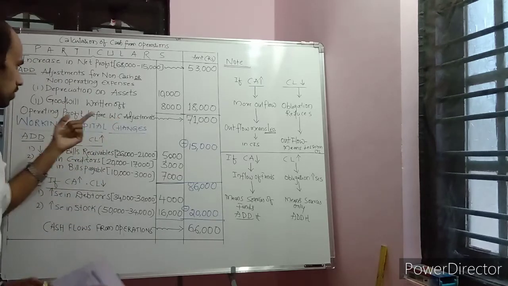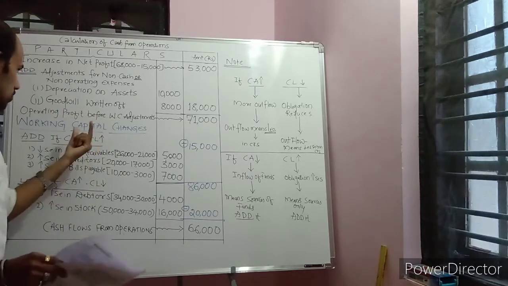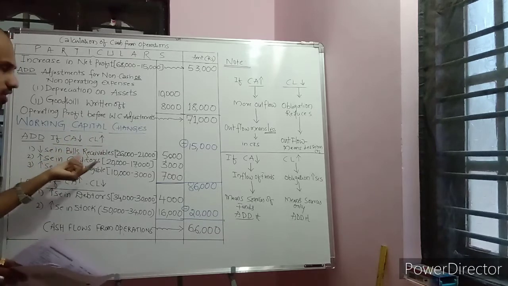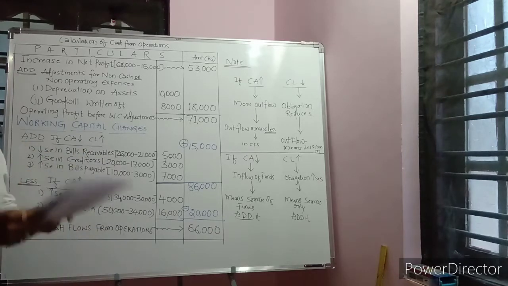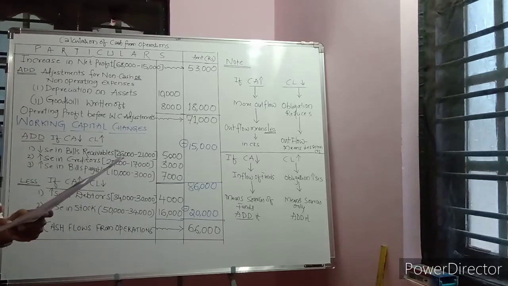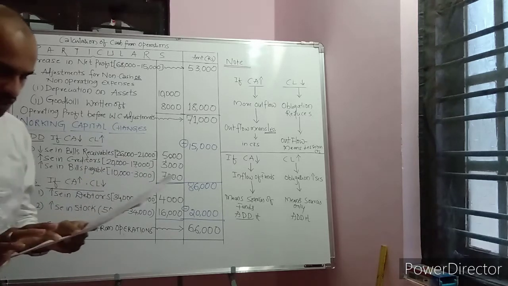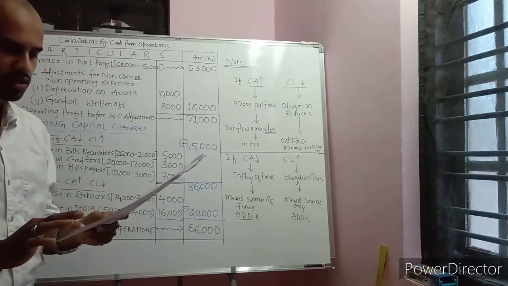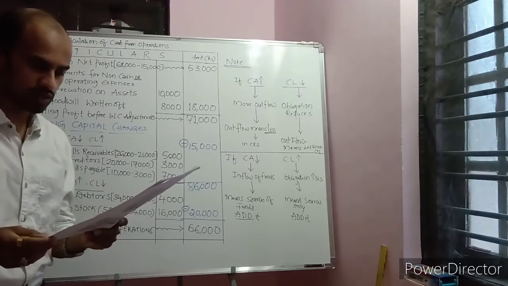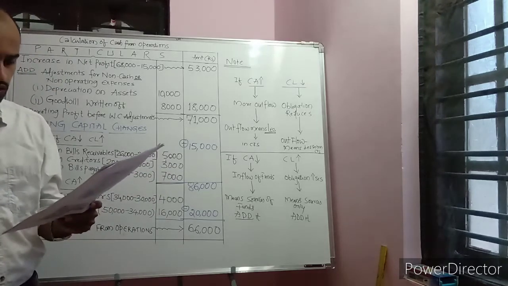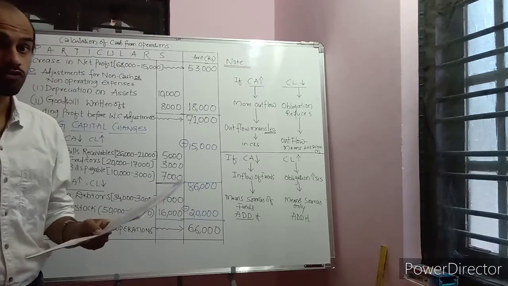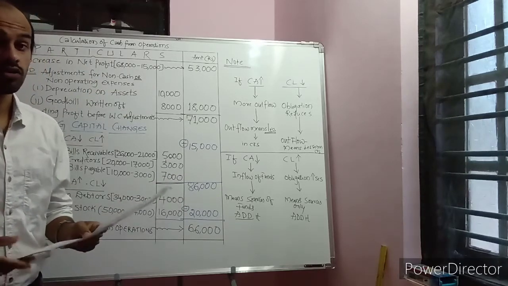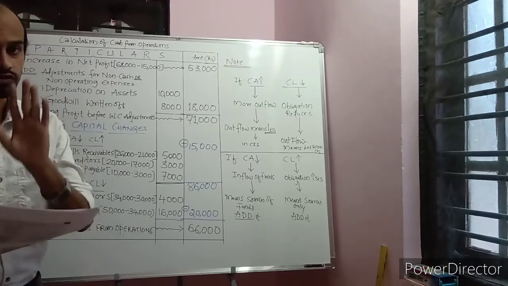So we need to take into consideration the working capital changes also. Next one, sundry debtors. In the year 2015 it is 30,000 and in the year 2016 it is 34,000. Means it has increased from 30,000 to 34,000. When debtors are increasing, more outflow of the funds takes place.